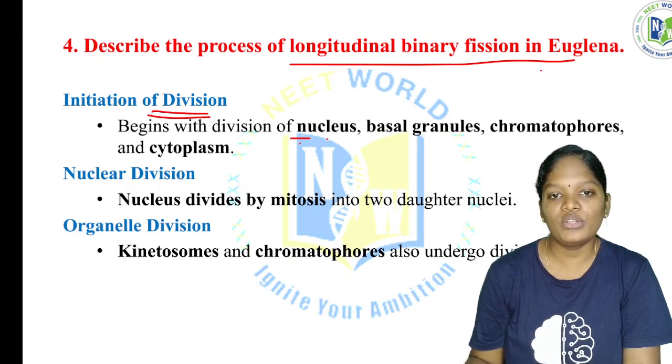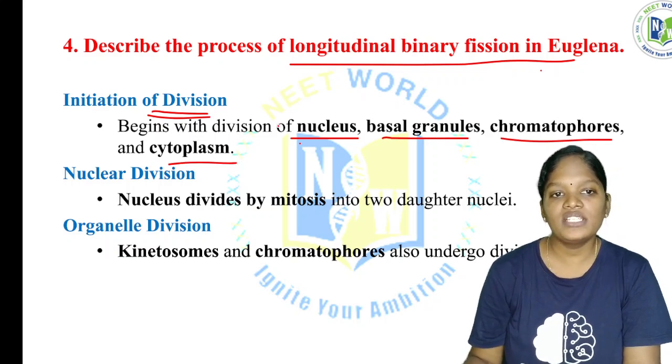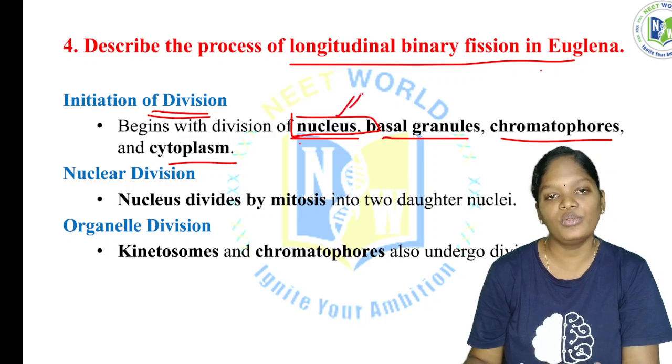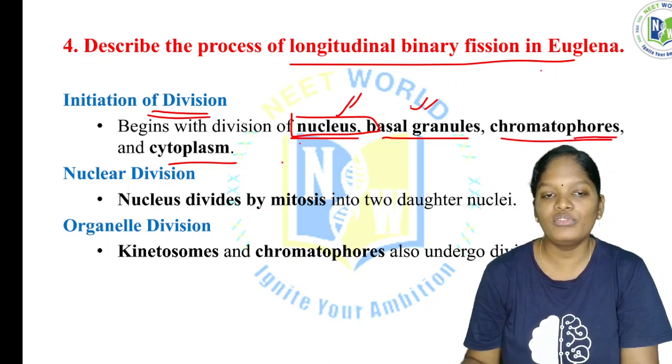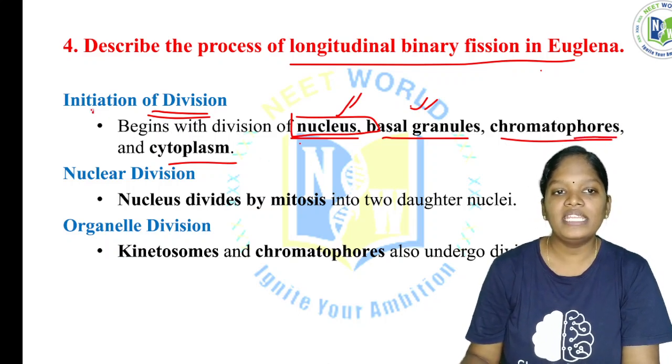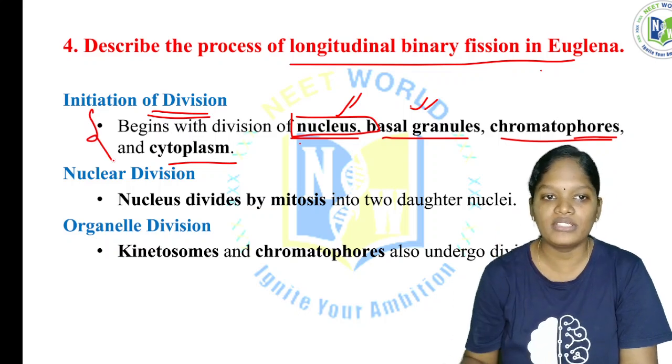It begins with the division of the nucleus, basal granules, chromatophores and cytoplasm. The initiation of division involves all these structures.